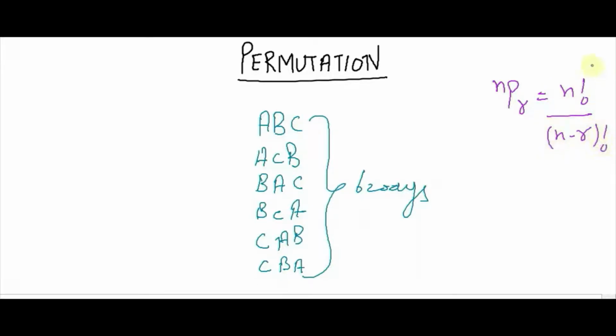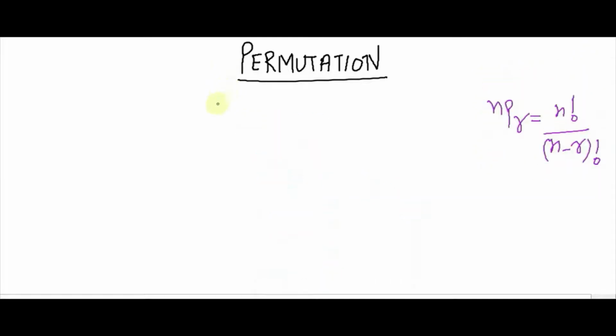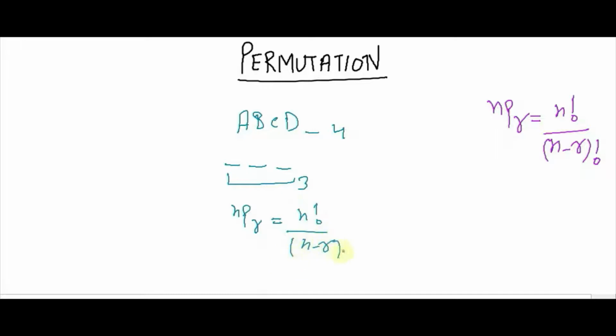Let us understand this formula with the help of an example. Let's suppose we have the 4 letters A, B, C and D, and we are asked to arrange them in 3 spaces. The number of letters we have is 4 and the number of spaces we have is 3. Now what is the formula of permutation? nPr is equal to n factorial upon (n minus r) factorial.